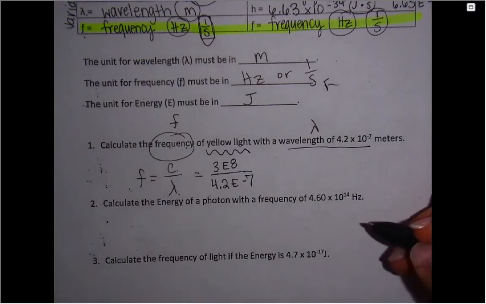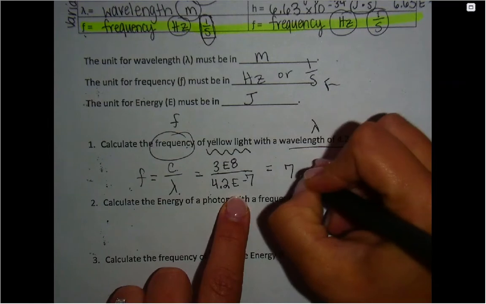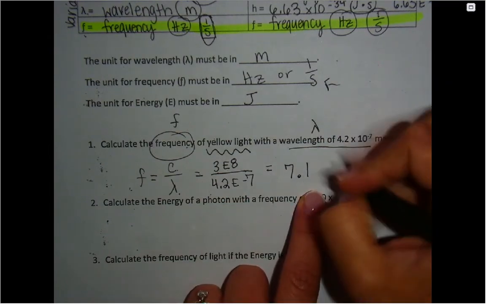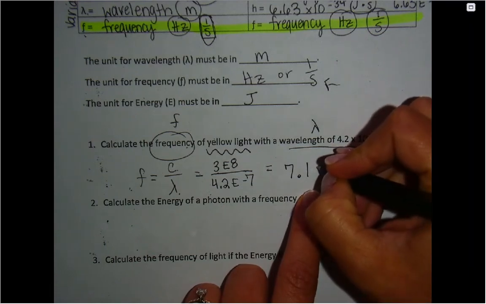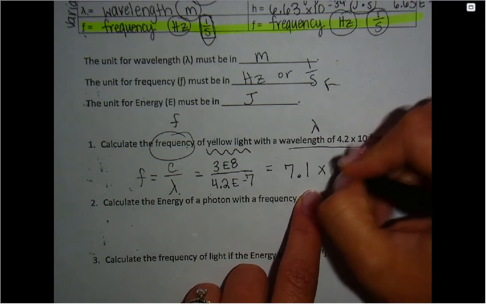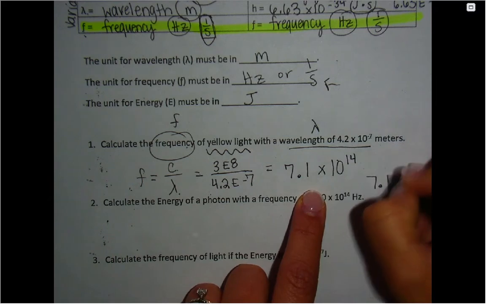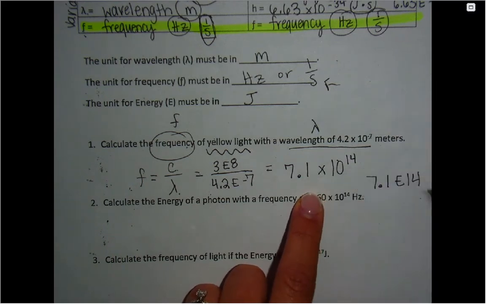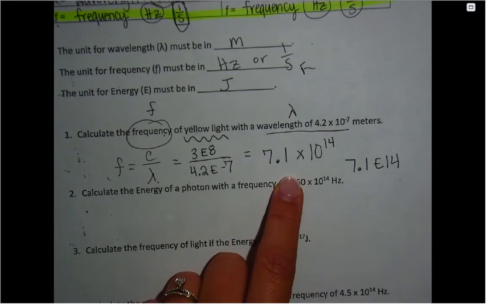All right, so to write our answer, we would say 7.1, but you have to include that last part. What does it say on your calculator? It says times 10 to the what? 14, yeah? Times 10 to the 14. If you want to report your answer 7.1E14, that's fine. But there's something missing from both of those answers. What am I missing?